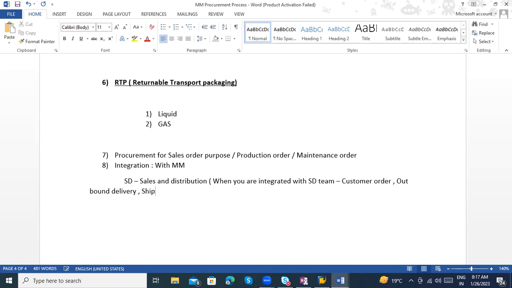So in these cases we are integrating with the SD team. In SAP, when we talk about SD and MM integration, there is third party and the STO process. These two are the integration areas.